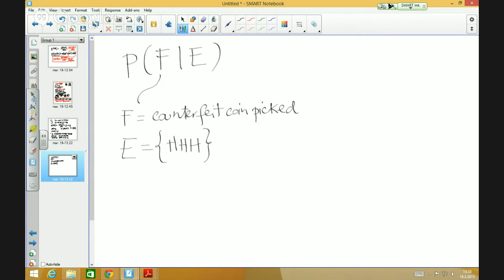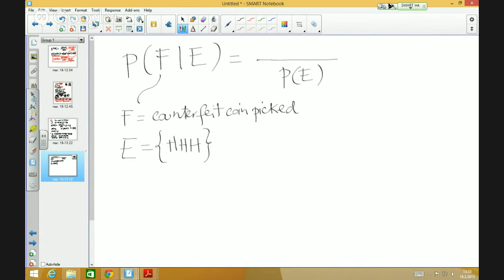And since it's an event, let's make it a set. Now, how can we compute this probability? We use Bayes' theorem in the less scary formulation.